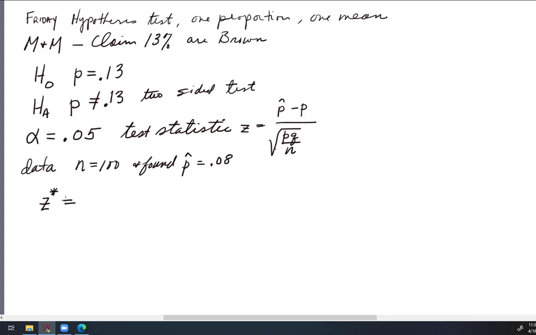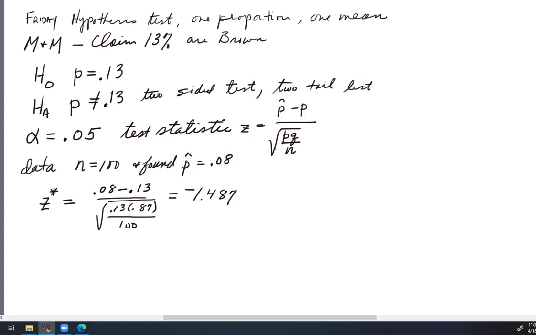So the observed value of Z in our case is 0.08 minus 0.13 divided by the square root of 0.13 times 0.87, the complement of 0.13, over our sample size of 100, and that's equal to negative 1.487.